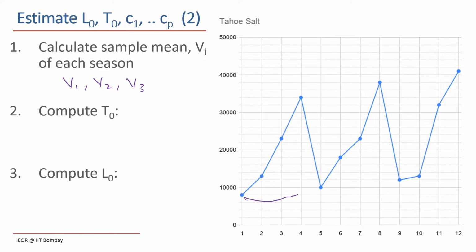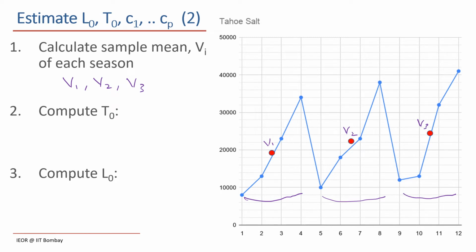For each season, we estimate the mean value. That value is going to be roughly in the middle: we have these 4 points, and since we have 4 periods, the mean corresponds roughly to the midpoint. So these will be your V1, V2 and V3 values.